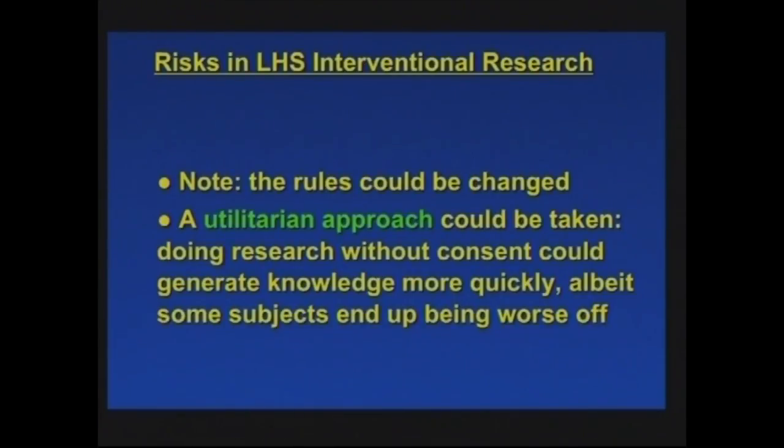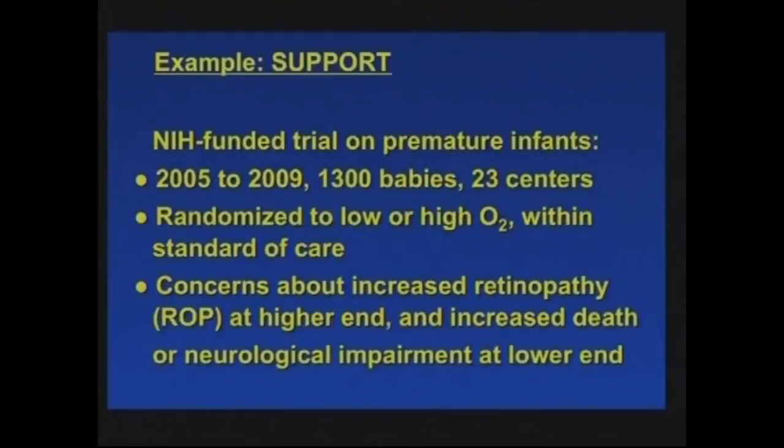Some subjects in certain studies would be exposed to risks that under the current system they wouldn't be. So there'd be some winners and losers, but there could be a net gain. But the basic point is I want to talk about the system we currently have and how we understand those rules, as opposed to the dramatic change in ethical thinking that Ruth Faden and Nancy Kass have proposed.